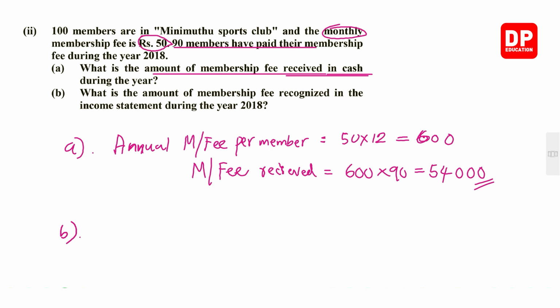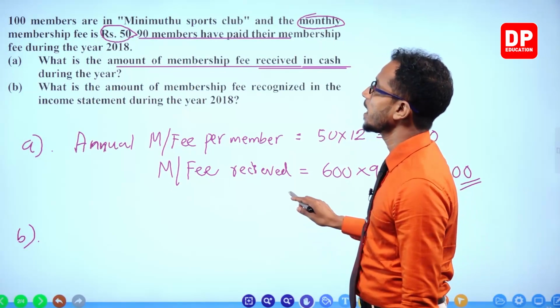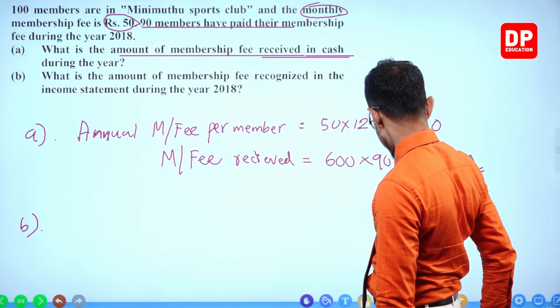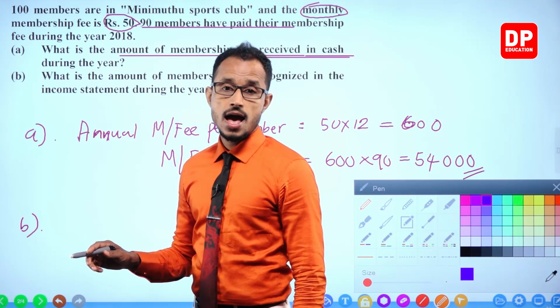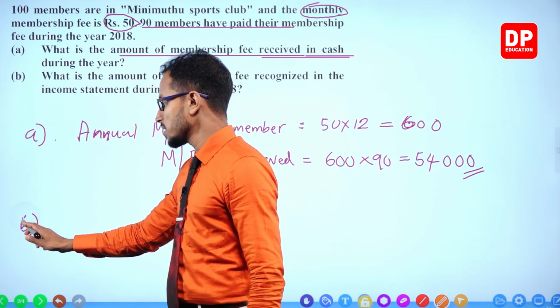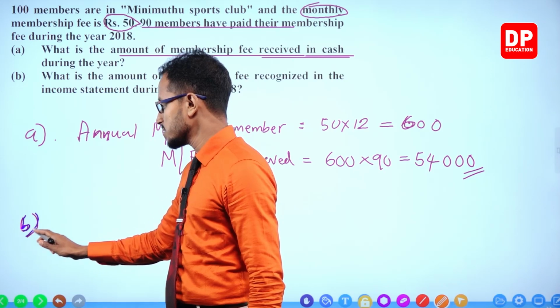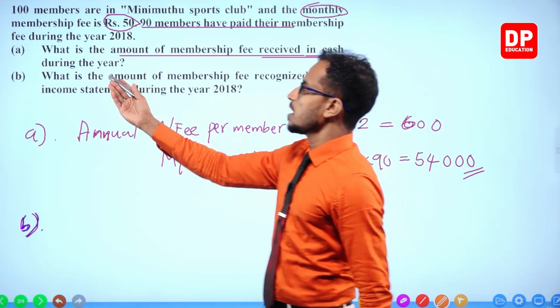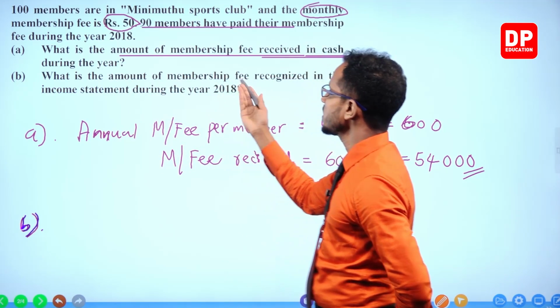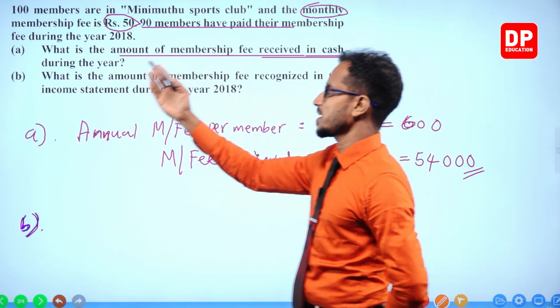Part B is asking us, what is the amount of membership fee recognized in the income statement during the year? Okay, how do you calculate that? Part B. Amount of membership fee recognized in the income statement.